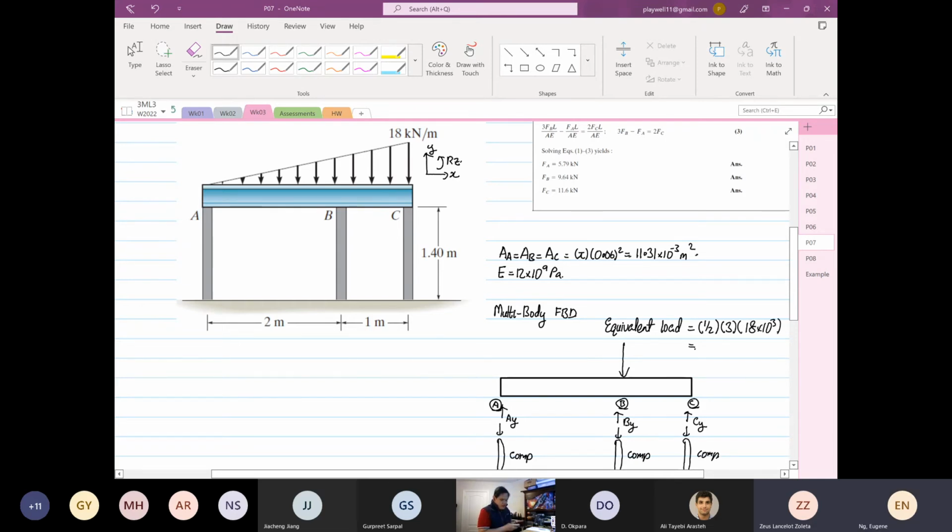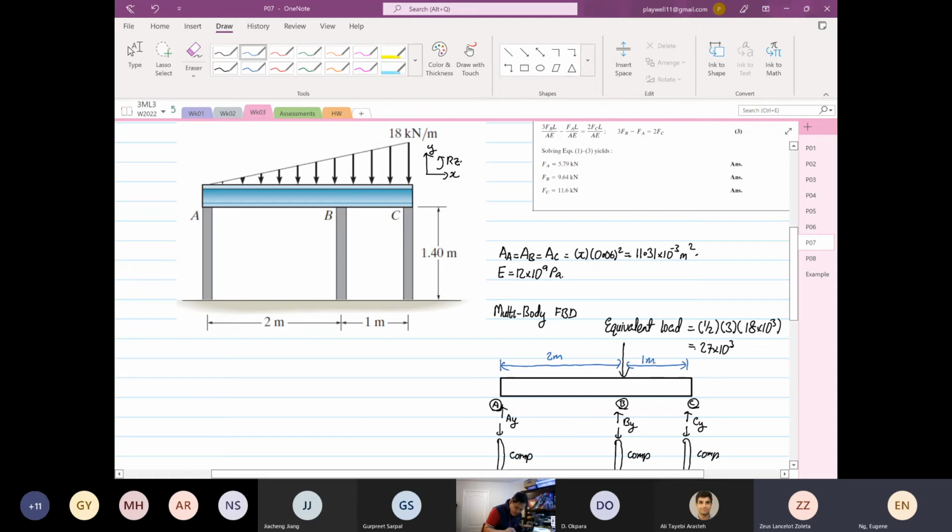Because it's triangular. So 0.5 times 3 times 18 times 10 to the power 3 is equal to 27 times 10 to the power 3. And where it is acting, again, this is lecture from week number 1. From here to here is 2 meters. From here to here is 1 meter.